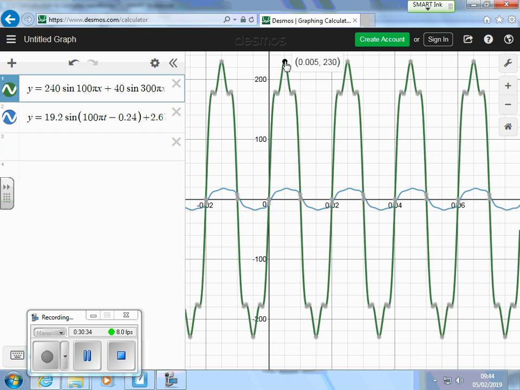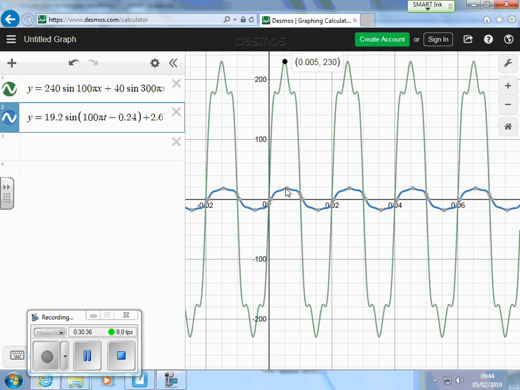The maximum voltage is 230 volts. Maximum current hits 18 amps overall, because at every point you're adding all three of those currents together. I'll take a screenshot of that and put it into the whiteboard notes on Brightspace so you've got that graph for reference.